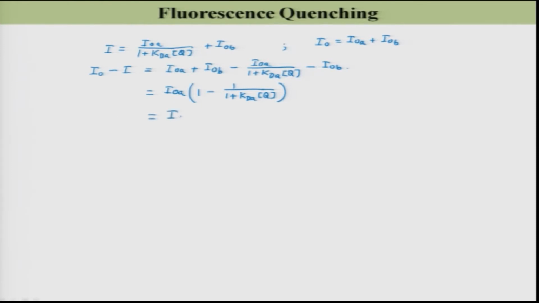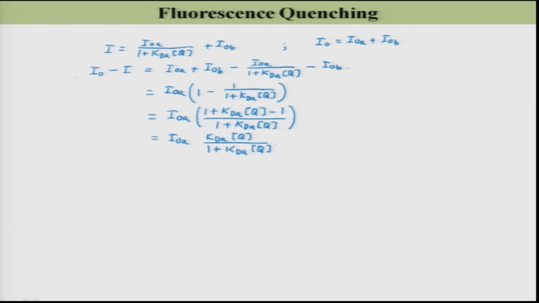This is equal to I 0 A times 1 plus K d A into Q minus 1, divided by 1 plus K d A into Q. This is equal to I 0 A K d A into Q divided by 1 plus K d A into Q.